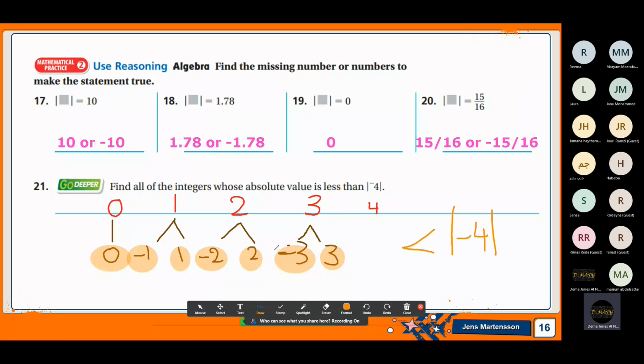Like the absolute value of 3 is 3, which is less than 4. The absolute value of -3 is 3, which is less than 4. The absolute value of -1 is 1, which is less than 4, and so on. Is it clear? Yes, teacher, clear.